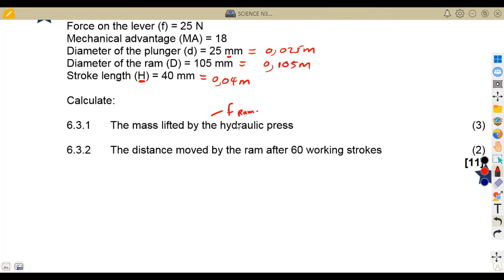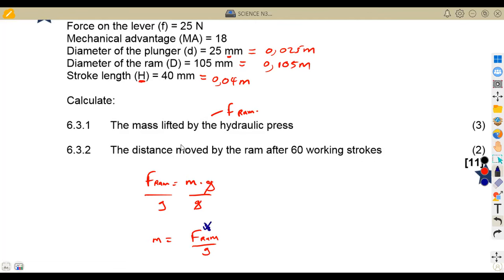If we have the force on the ram, then we can calculate the mass, since the force is equivalent to the mass times the gravitational acceleration. So in order for us to have the mass, we are just going to divide by g. But do we have this force? We do not have it. So we are now forced to calculate the force on the ram, then divide by the gravitational acceleration. Where are we going to have the force on the ram? We do not have this.